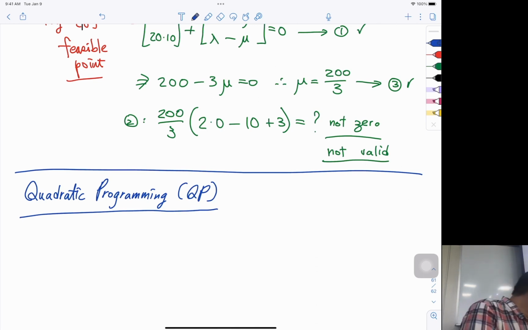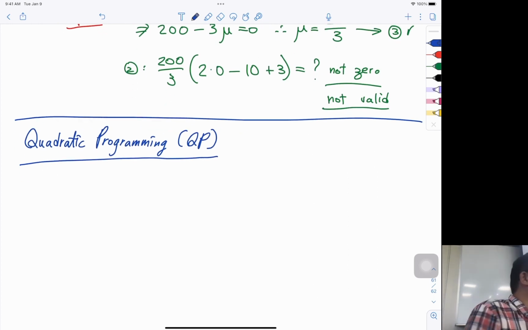For quadratic programming, what we can usually handle is problems in certain forms. Quadratic programming doesn't handle all kinds of nonlinear programming. So what does quadratic programming handle?